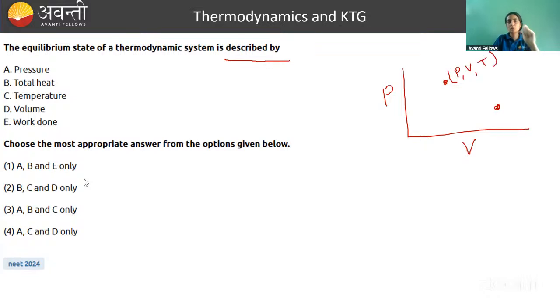You must have never seen points labelled with work done and heat.